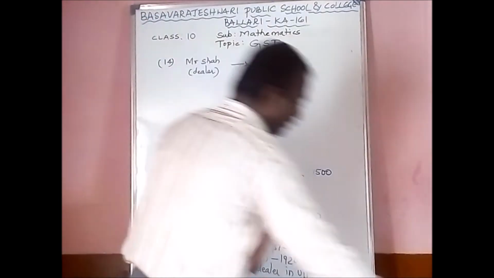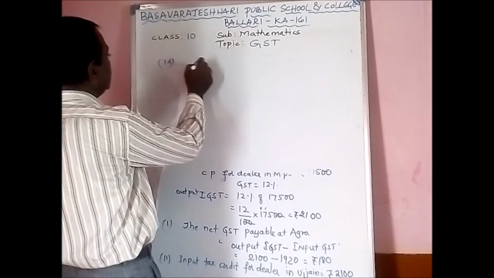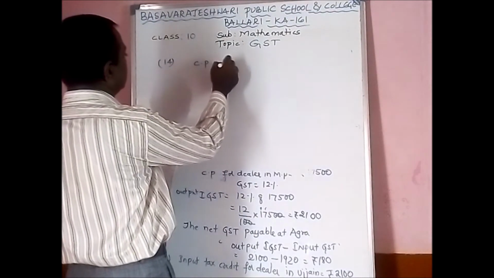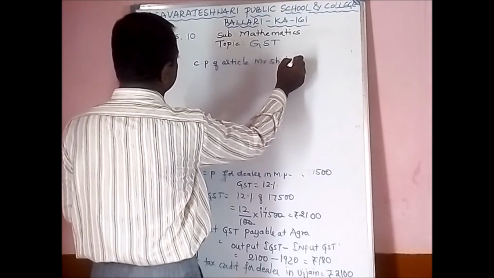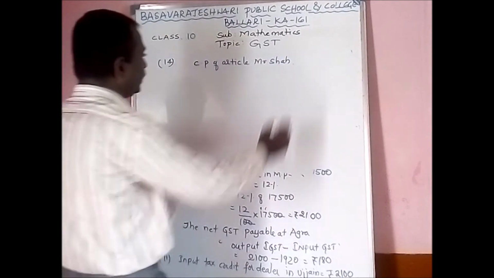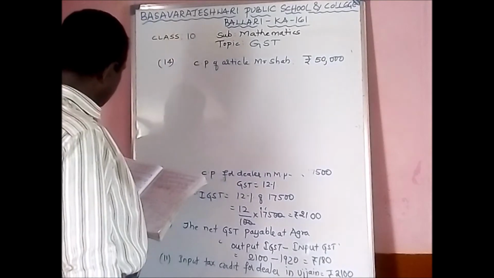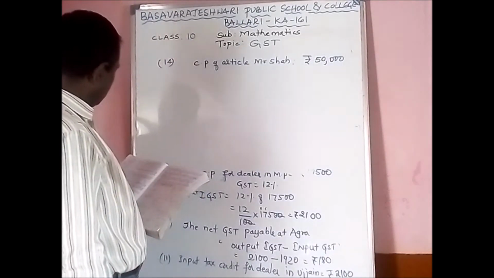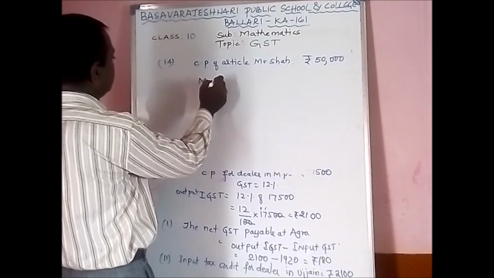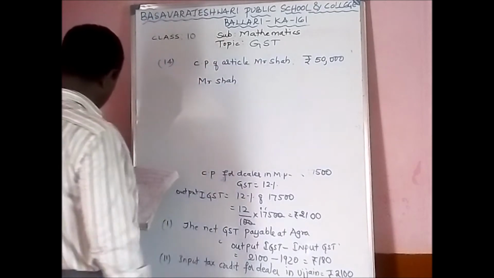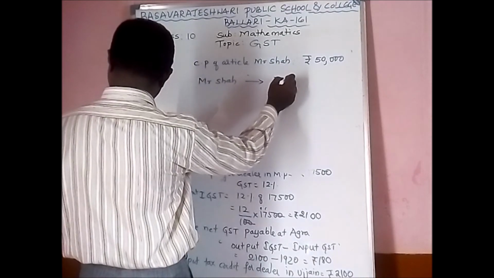So the cost price of the article for Mr. Shah, purchased already from some other person, is rupees 50,000. And he supplies it to another dealer, Mr. Paresh. Mr. Shah is selling it to Mr. Paresh.